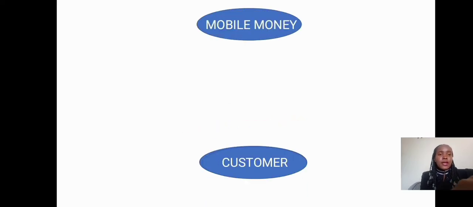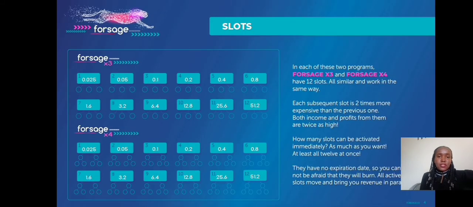Now, the Forsage X3 and the Forsage X4 have what we call slots. Each of them has 12 slots. They work in the same way, only that the Forsage X3 belongs to the agent, while the Forsage X4 belongs to the investor. Looking at slot 1, the first slot is 0.025 in terms of Ethereum.